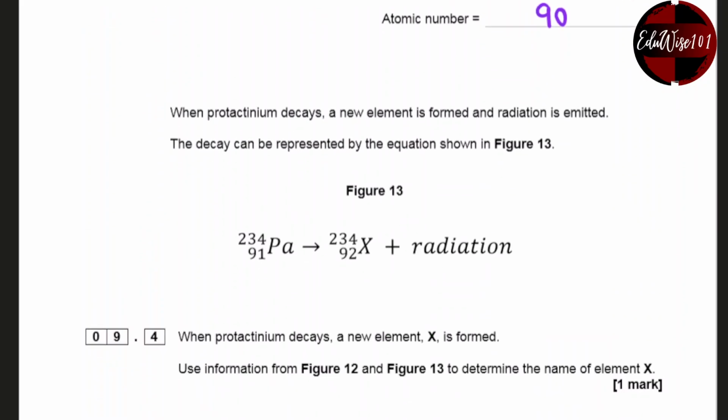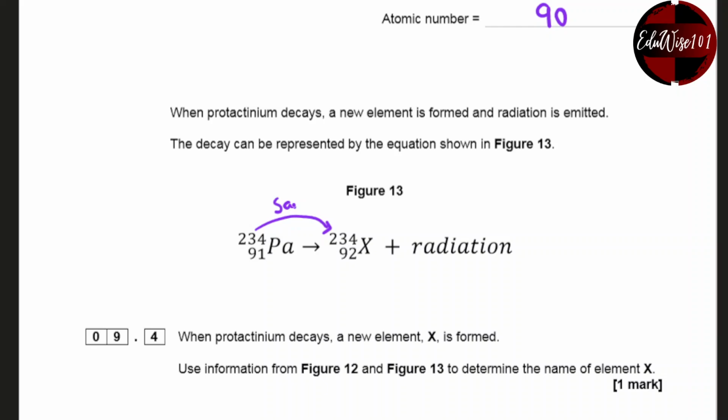When protactinium decays, a new element is formed and radiation is emitted. The decay can be represented by the equation shown in figure 13. So you've got protactinium-234 decaying into an element X plus radiation. Now, what is happening to the mass? The mass is remaining the same.